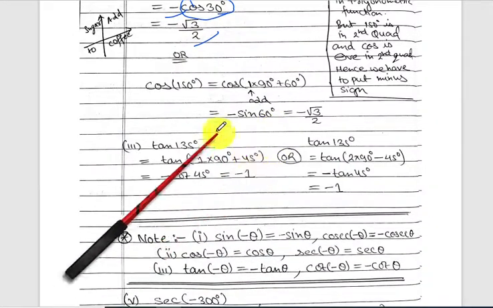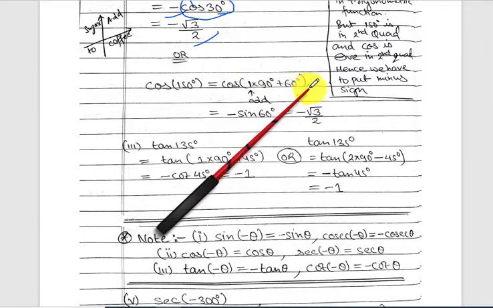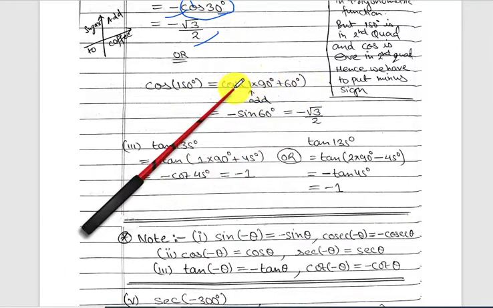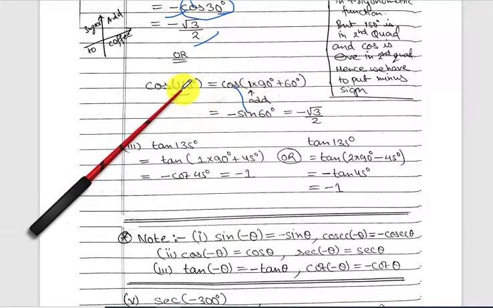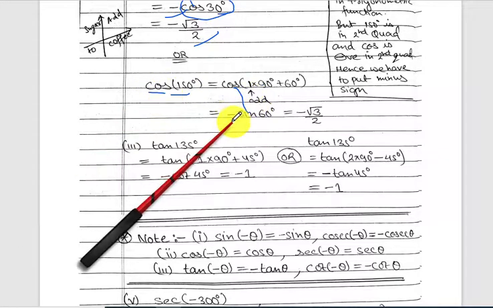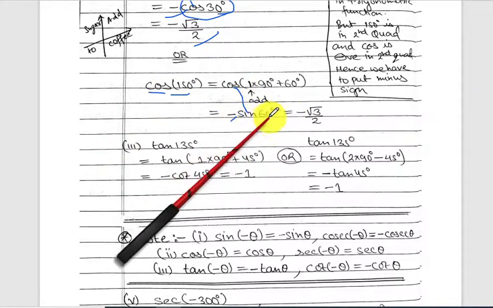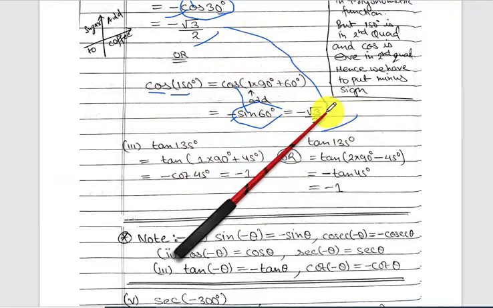Cos 150 can be written in this way also: cos (1 into 90 plus 60). 1 is odd, so cos will change to sine. Whole angle 150, second quadrant, cos is negative in that second quadrant, negative sign. So minus sine 60. I know the value of sine 60. I will write. You can see both are the same.